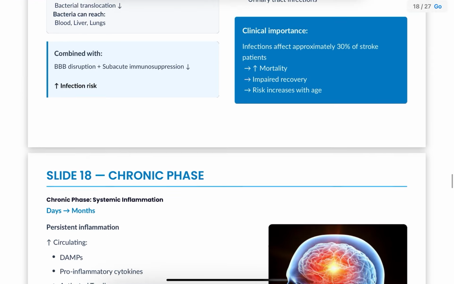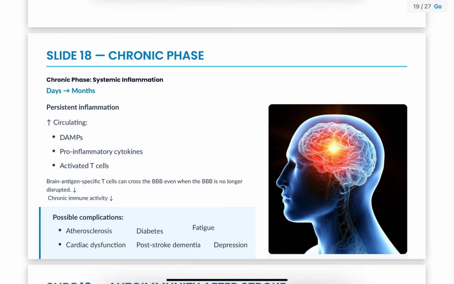Let's talk now about the last phase, which is the chronic phase. And this one develops within days to months. At this stage, we're no longer dealing with the initial acute inflammatory response or the temporary immunosuppression that happened in the subacute phase. Instead, some patients can develop persistent, systemic inflammation.